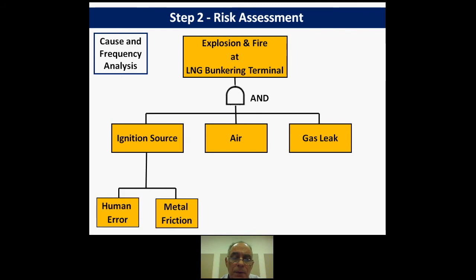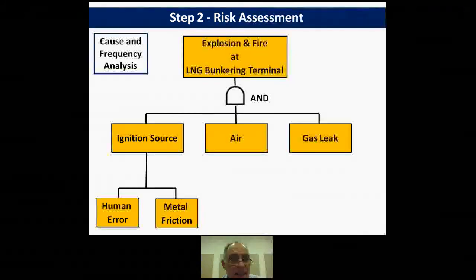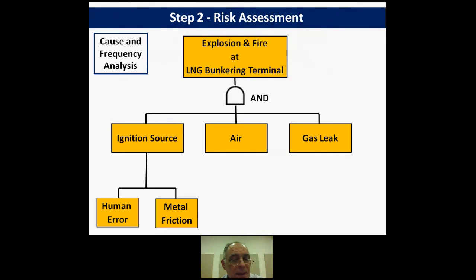Now, if we don't know the frequency or the probability of the presence of the ignition source, we have to look further down at what can be the ignition source. The ignition source could be the result of some sort of human error.